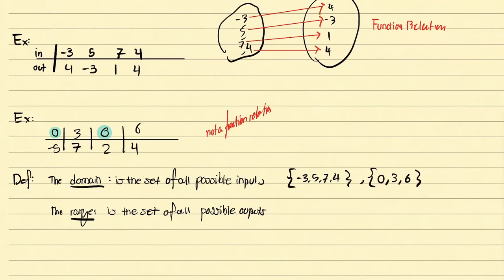I don't have to write 0 twice. Down here, for the range of this example, it's 4, -3, and 1. I don't have to write 4 twice. For this one, the range is -5, 7, 2, and 4.